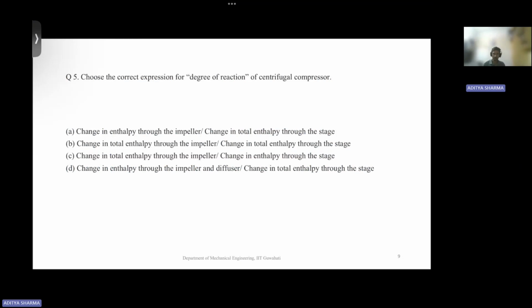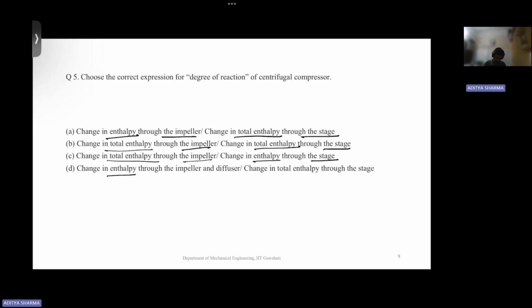So we are at question number 5. We have discussed lecture number 27, and question number 5 is in front of us, and it says choose the correct expression for your degree of reaction of the centrifugal compressor. So 4 options have been given to us, with enthalpy ratios. The first one is change in enthalpy of your impeller, and in the denominator is total enthalpy of the stage.